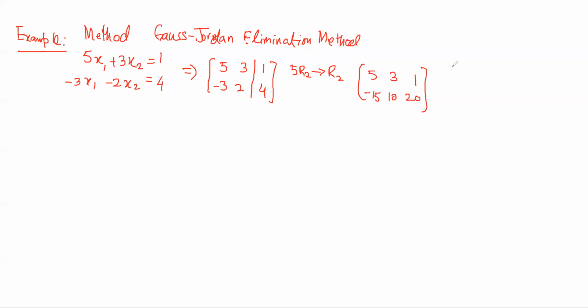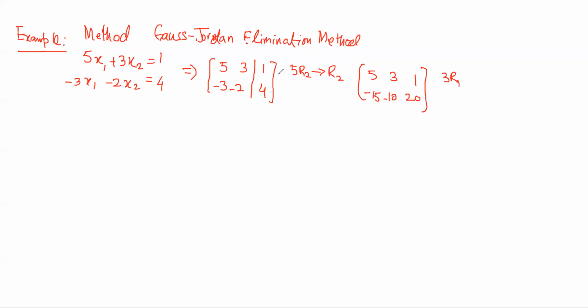Now the next row operation is we multiply the first row by 3. I forgot the minus sign; yes, it should be minus here.